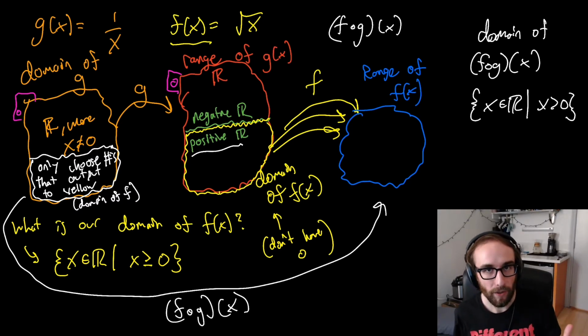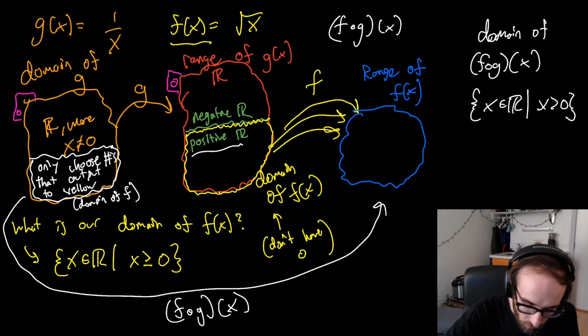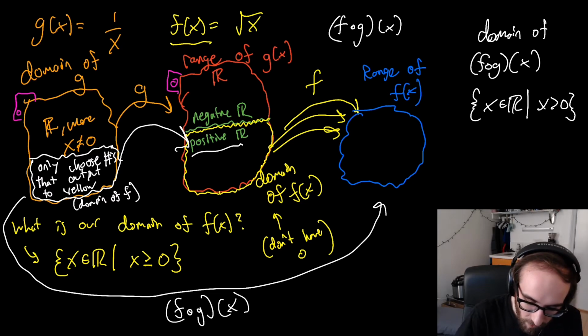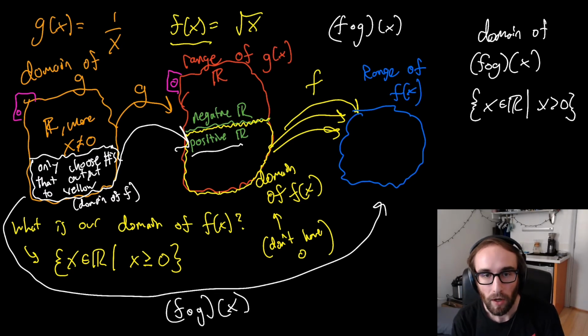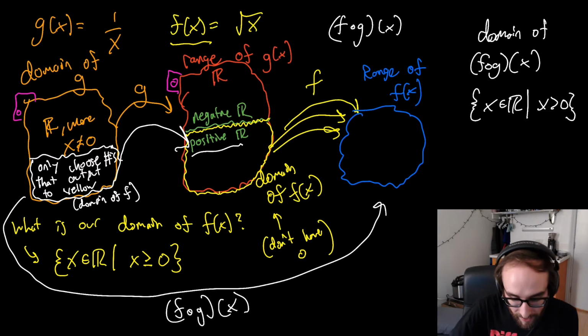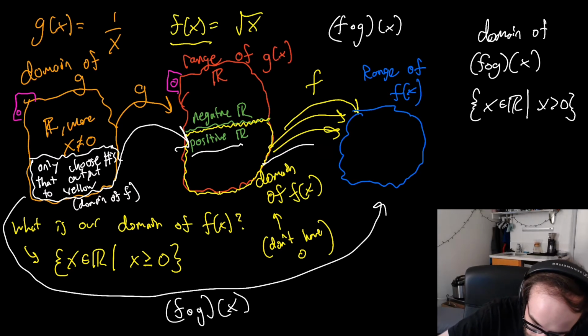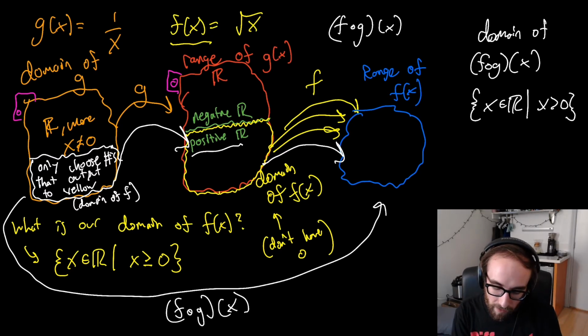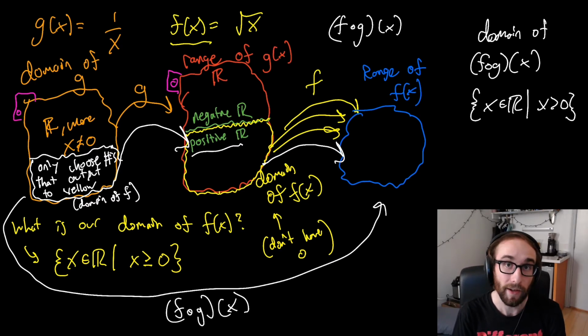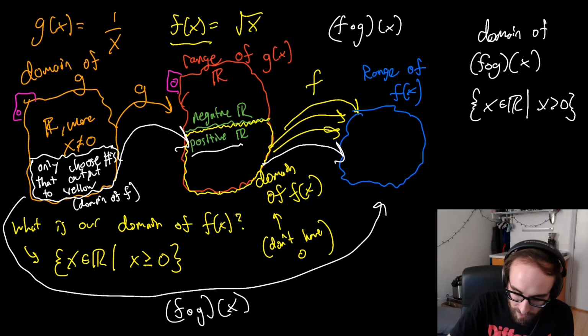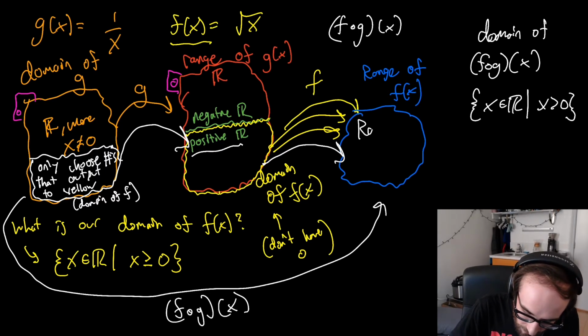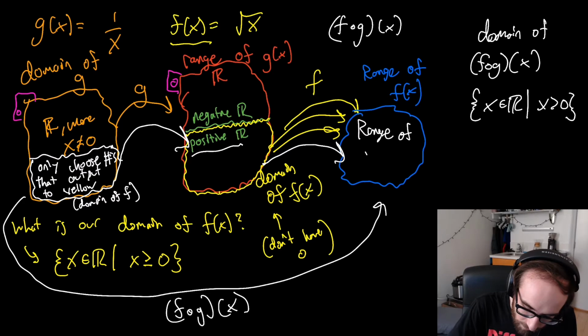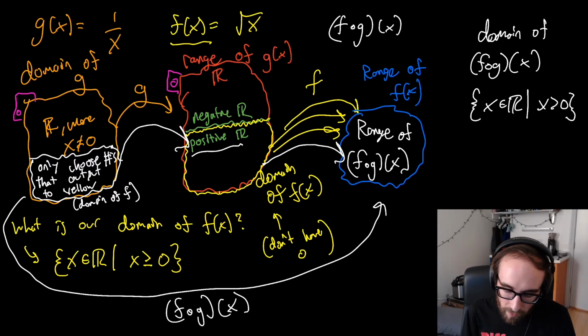So positive real numbers, when we plug them into g, will end up in this yellow section. We get a positive output, which is great because then we can take our numbers, plug them into f, and end up in the range of f of x. In other words, we can plug them into f and it'll work out. So this entire section here is our range of f composed with g of x.